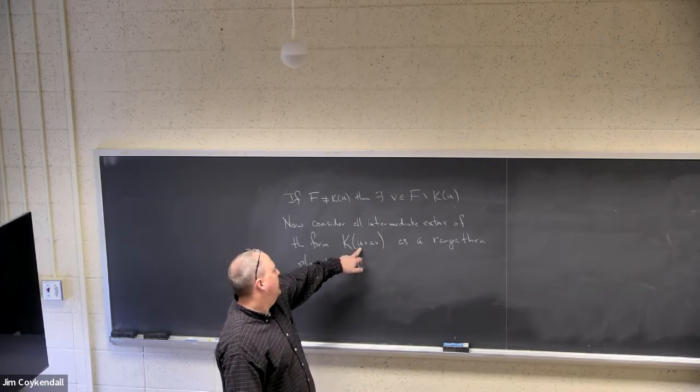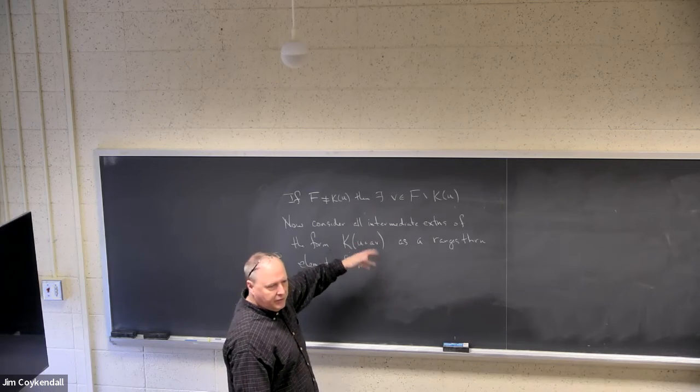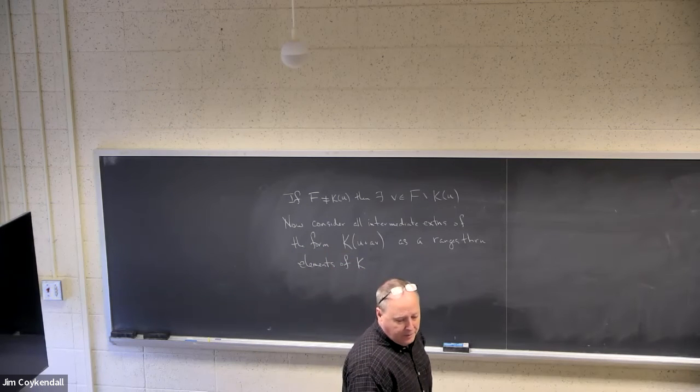For example, u plus 0v, u plus 1v, u minus v. Just let a range through all the elements of K. And notice there's infinitely many of those.